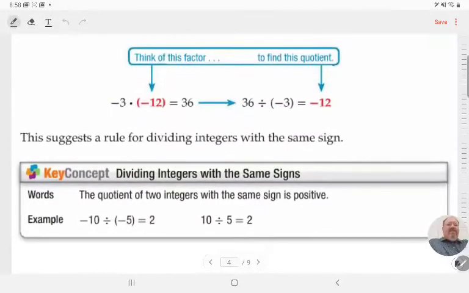So that leads us to believe that if you are multiplying or dividing by the same sign, you're going to get a positive answer. For example, if I have negative 10 divided by negative 5, I get a positive 2. Just like when I have a positive 10 divided by a positive 5, I get a positive 2 as my answer. So just like with multiplication, if you divide by the same sign, you're going to have a positive quotient or a positive answer.